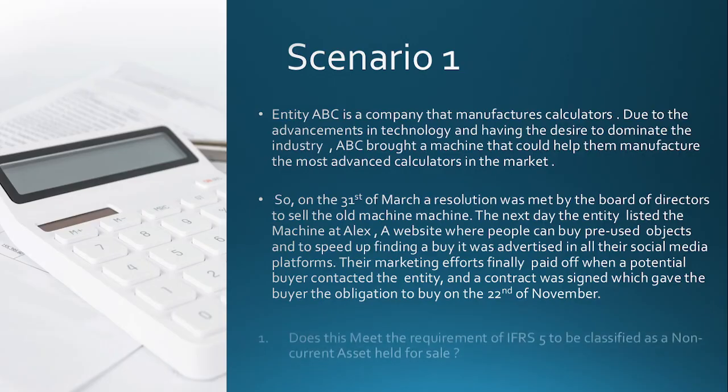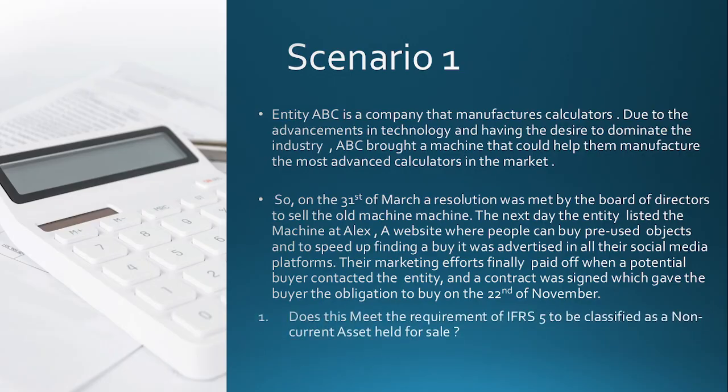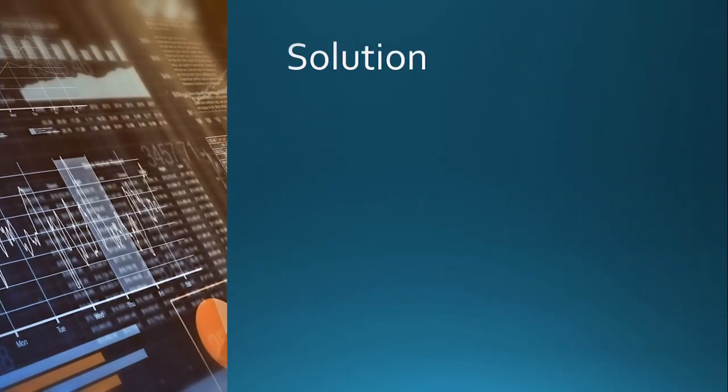Okay, that's our scenario. Does this meet the conditions or the requirements of IFRS 5? Well, for us to assess that, we first need to see, is the asset ready for sale? And then how do we determine if an asset is ready for sale?